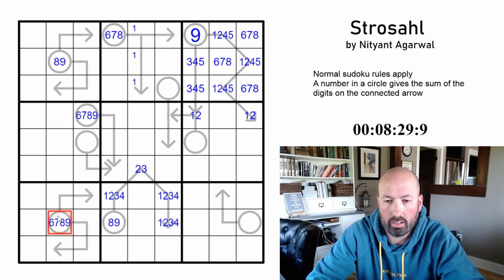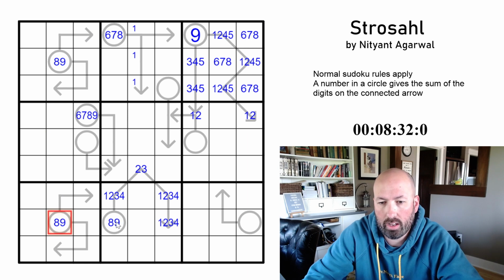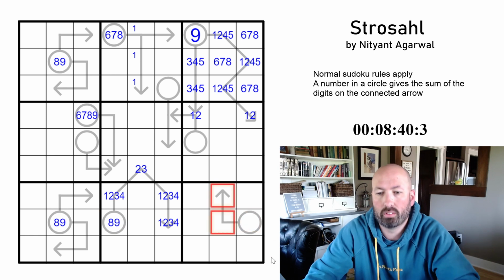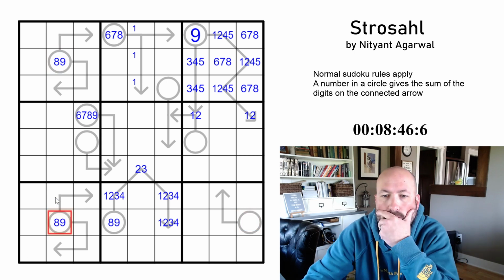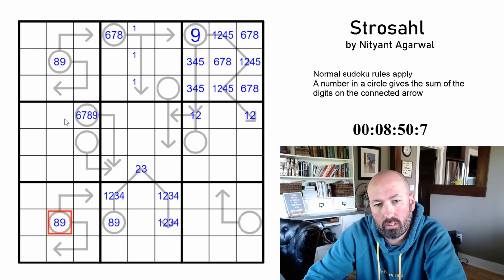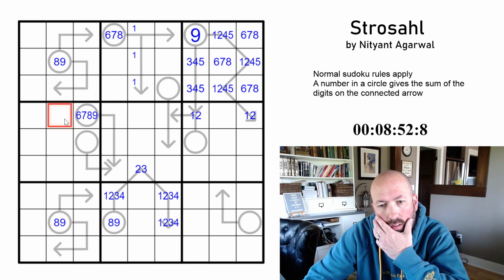It's got to be 8 or 9. Now we have an 8-9 pair. So this is at most 7, but I mean, this could be as small as 3 with a 1 and a 2. So that still has a lot of options. But it's interesting, we have an 8-9 pair here. So there's no 9 or 8 in here.